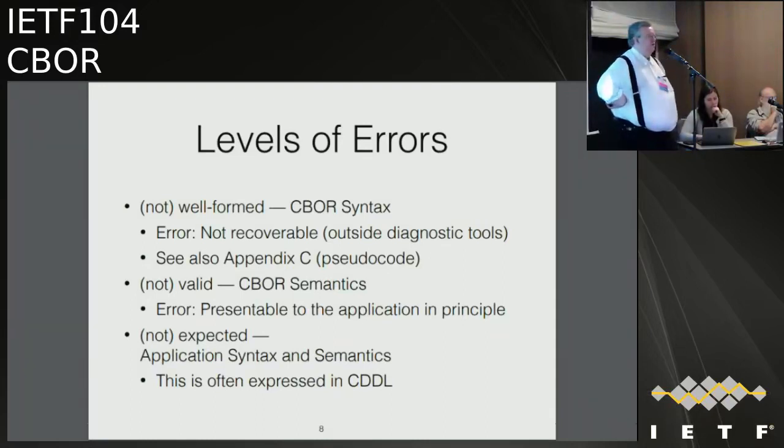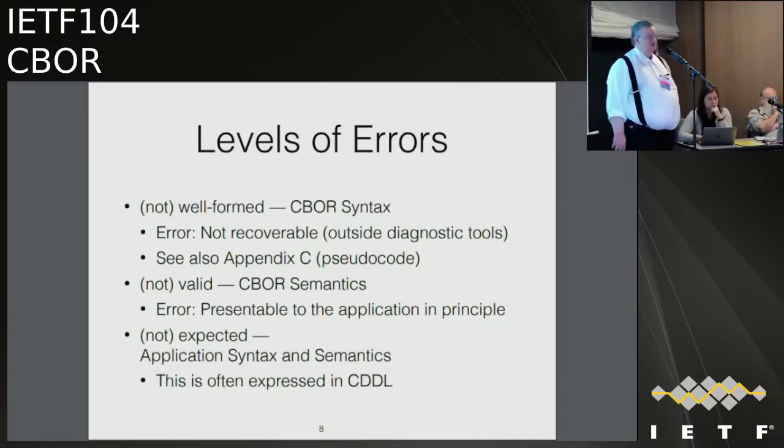I don't think we have a very good term for the application level yet. I have used the term expected because that turned up in some discussion, but maybe we need a better term. The idea is that there are syntax errors which make something not well-formed, and generally in the CBOR space that means you are not continuing.